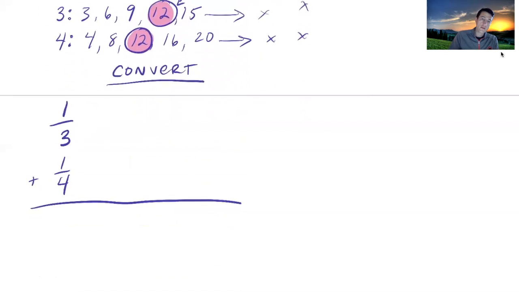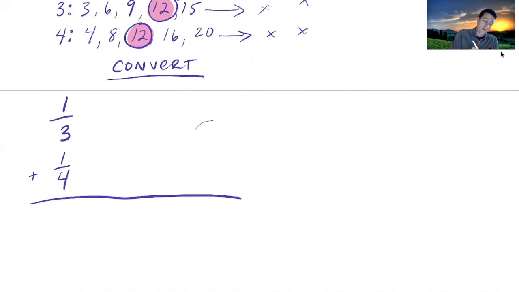I'm just going to put it vertically. The reason we do this, and we also have this long line here, is because we're going to work left to right. So what was our common denominator? It was 12. So we're going to add those in. And remember, we need those common numbers to add.